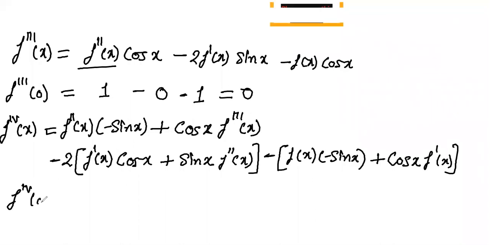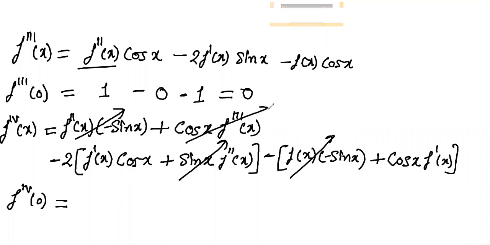So f4 times 0 will be 0. When there is sin, it will be 0. This will also be 0. Then this will also be 0. So f triple dash 0 is also 0. So this will also be 0.